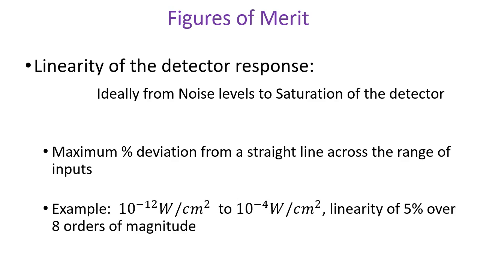What that means is that literally you can detect 8 orders of magnitude, and your one-to-one correspondence, a fit of the line over these 8 orders of magnitude, is going to be a straight line with a variation at most of about 5%. So that is the kind of figure of merit of linearity that one talks about when one talks about the various figures of merit for a detector.